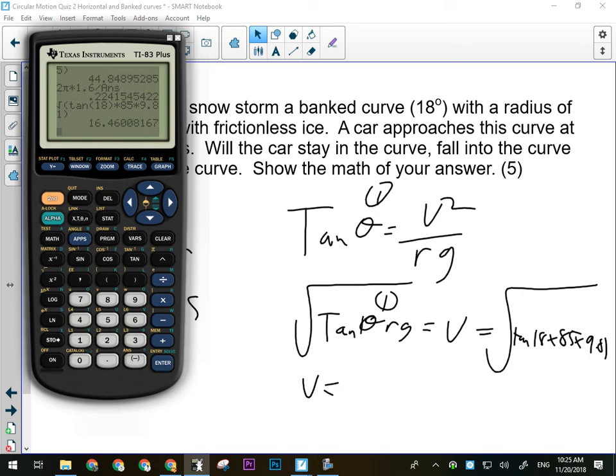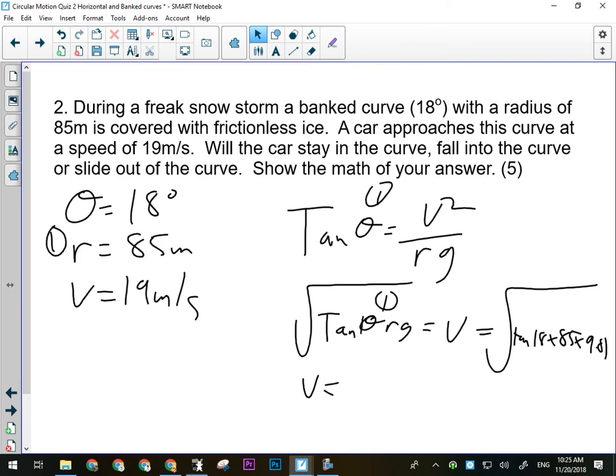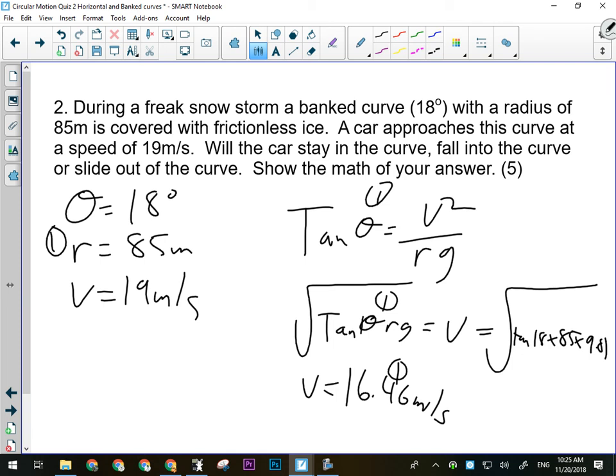Do they stay in the curve, slide out of the curve, or slide into the curve? They slide out of the curve. They took it too fast. So we would get here that v would be 16.46 meters per second. You can give them a mark for that. That's their fourth mark.